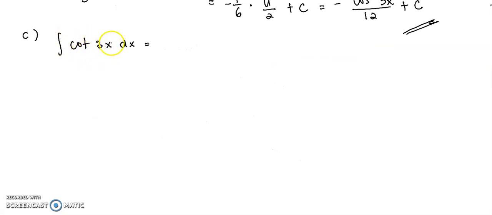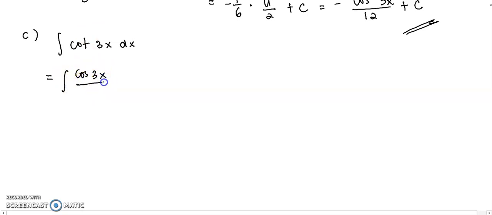For the question cotangent 3x, I'm going to use the substitution method as well. Before this, you need to rewrite it in the form of cos 3x over sine 3x, because cotangent equals cos over sine. Then, to substitute, we let u equal the denominator, that is sine 3x.